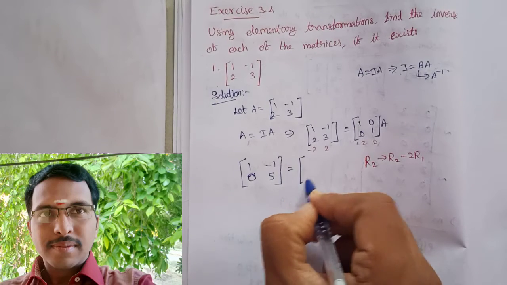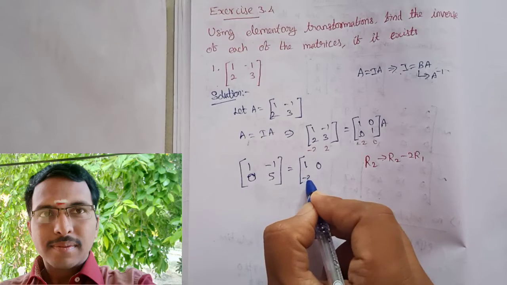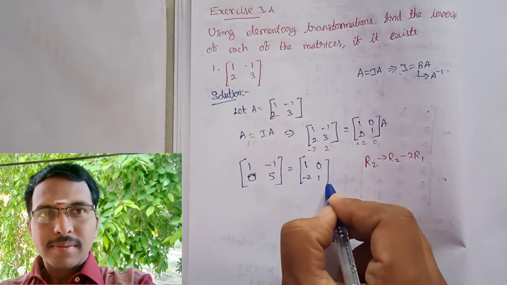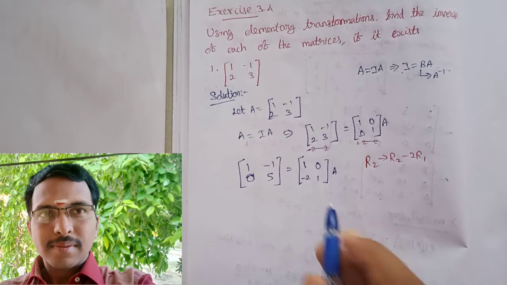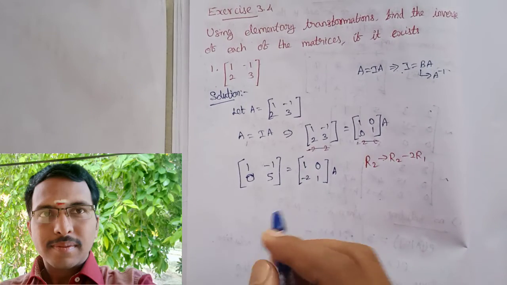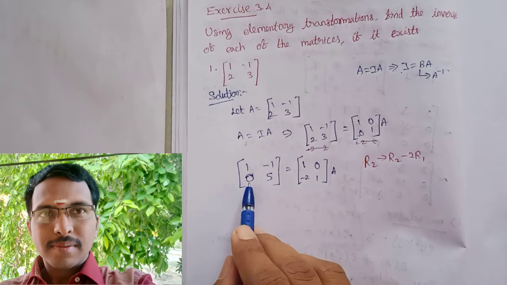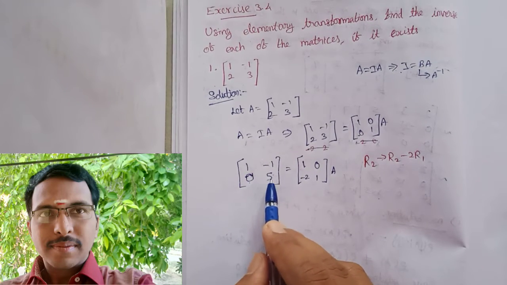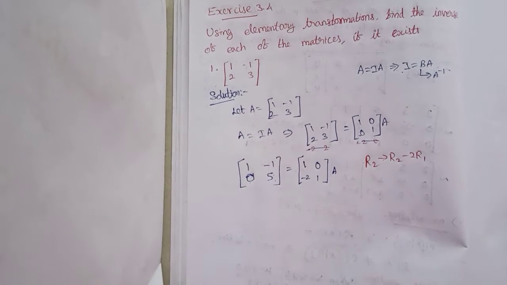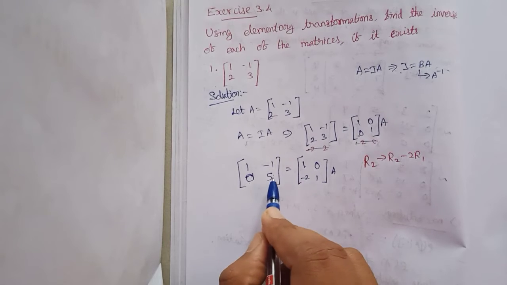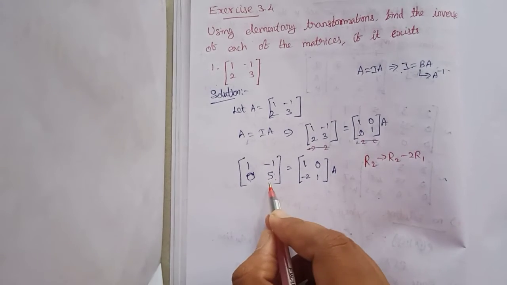Which is equal to: the first row has no change, 1, 0, 0 minus 2, 1 plus 0, 1 into A. You can strike out this, because this is rough work. Then the identity matrix 1, 0 you get, and finally the diagonal should be changed to 1, and this value is changed to plus 1. In the next step, second row divided by 5.